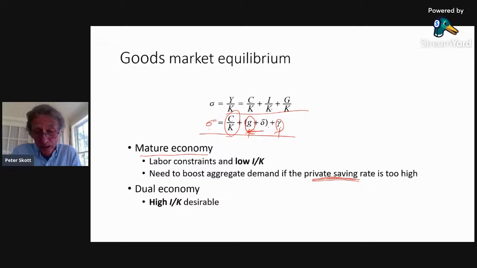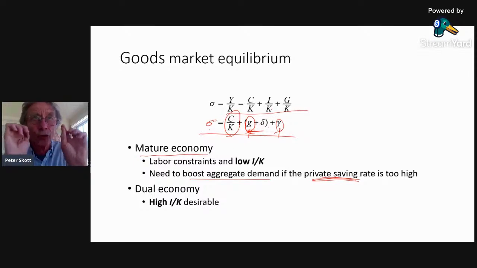I fix my government spending on goods and services, but you adjust taxes. You give tax cuts that boost private consumption. You'll get debt developing. As debt develops, and that's wealth for the private sector, you'll find consumption increasing, and you may not need to maintain deficits. But however that pans out, and you can examine the dynamics of it, we may need some kind of permanent boost to aggregate demand if you are in a mature economy.